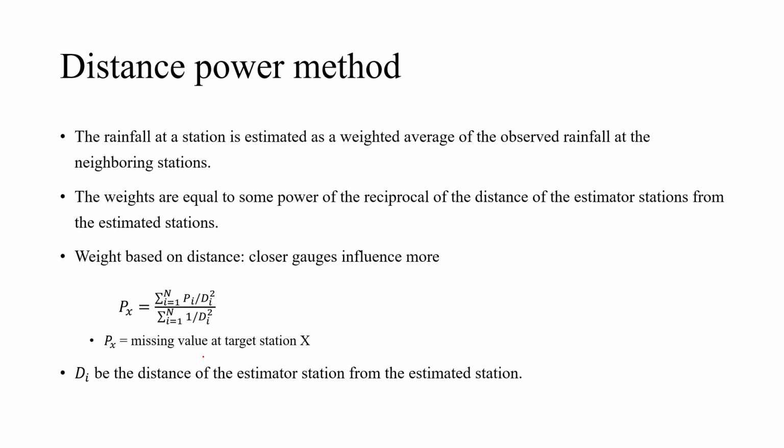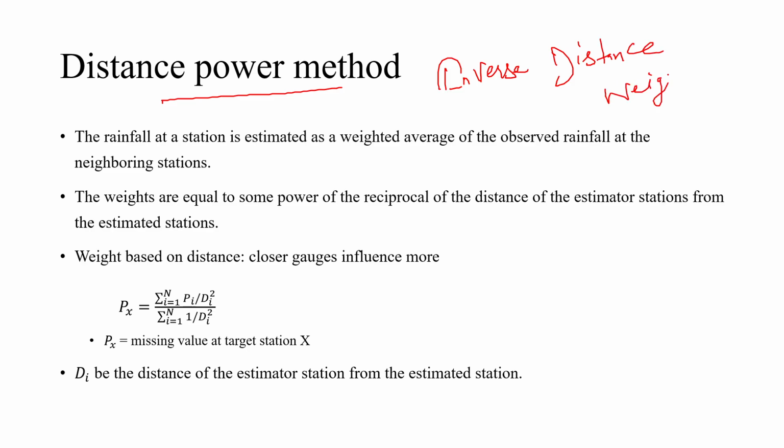And the last method which we will discuss is the distance power method. This is also known as the inverse distance weighting method. The principle of this method is that a closer rain gauge should influence the estimate much more than a distant one.